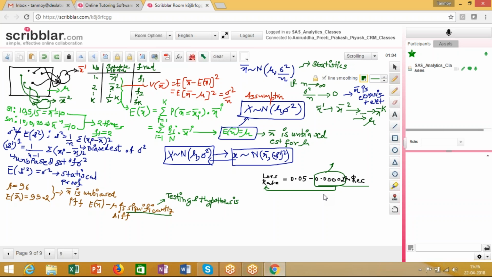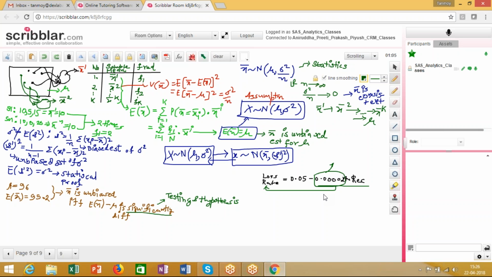What I'm always trying to assess is, if this recovery were to increase by say 5%, what will be the impact on the loss rates? How much do the loss rates go down? Is that impact a significant impact, or is it as good as not having an impact?